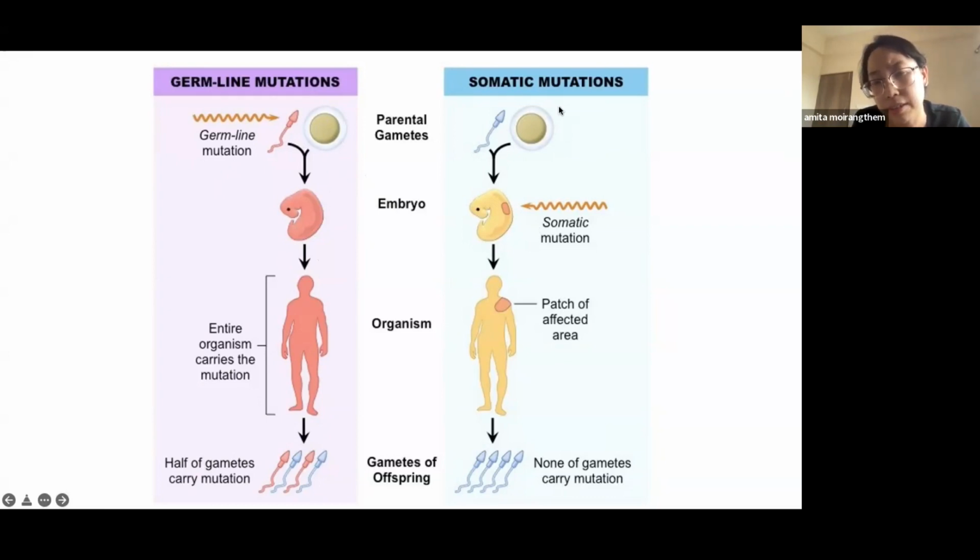Whereas on the other hand, we have somatic mutations. So somatic means cellular. So here we have normal gametes. The embryo is formed normally because there is no mutation. However, after the zygote is formed, at various stages, a mutation can occur at a particular stage of development. So depending on the stage of development, the mutation and the organ to which it spreads determine where the phenotype or the features are seen.